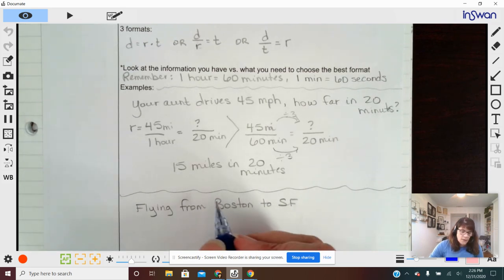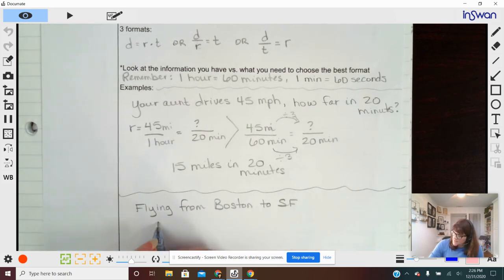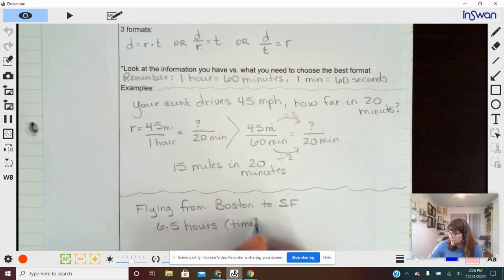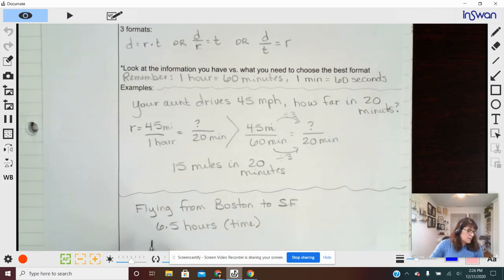Okay. It's going to take us 6.5 hours. That would be time. Okay. And using Google Maps or anything else, I could figure out that it's 2,704 miles.